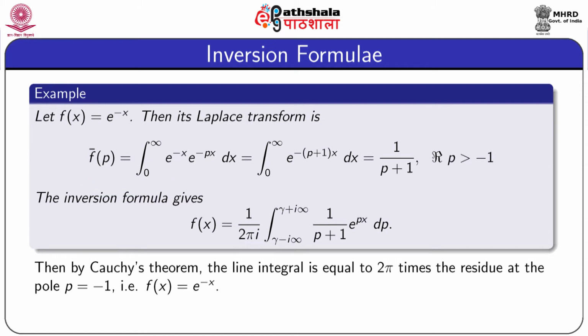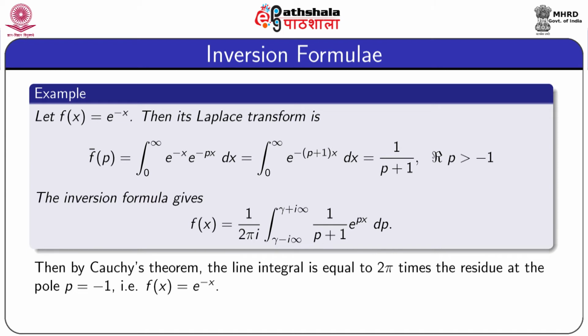Now, if we look back to the inverse Laplace transform formula, then it gives f(x) is equal to 1 divided by 2 pi i integration gamma minus i infinity to gamma plus i infinity 1 divided by p plus 1 e to the power px dp.